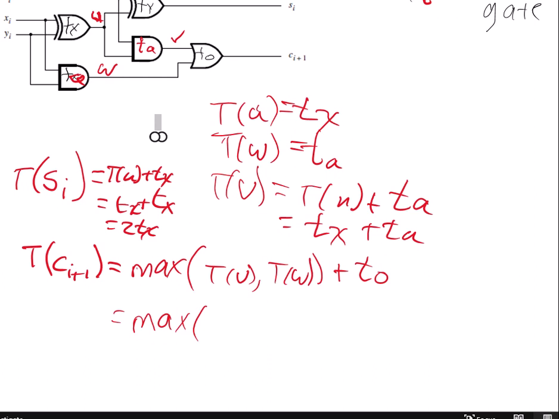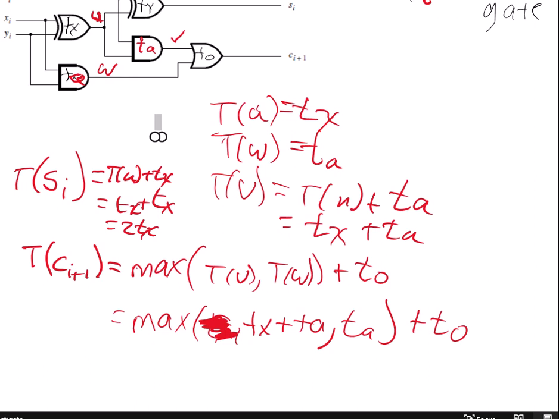T of V was Tx plus, sorry about my bad handwriting, Tx plus Ta, and Tw was Ta plus To. Well, the max of Tx plus Ta and Ta is Tx plus Ta.